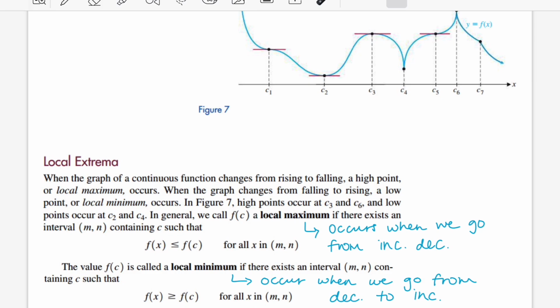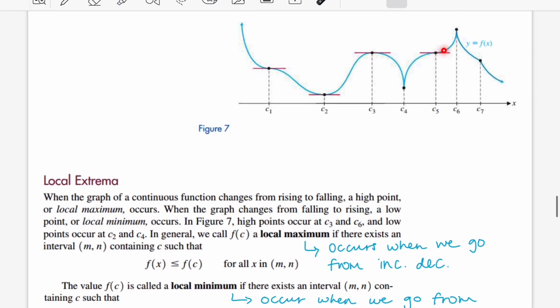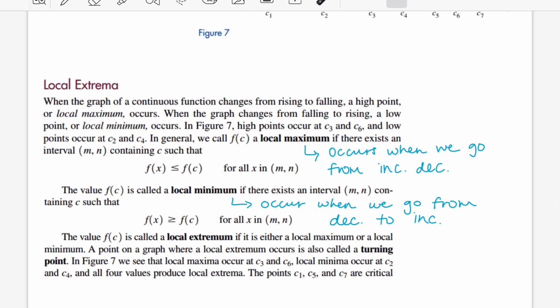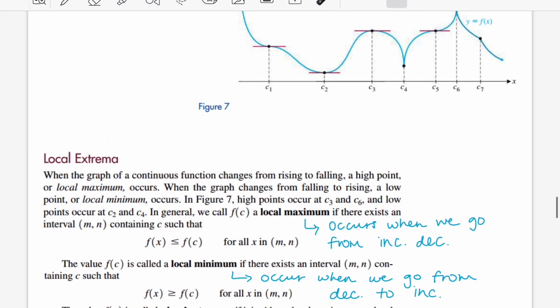As you can see, our point is changing from increasing to decreasing here. And then C2 and C4 correspond to local minimum. So you can see we're going from decreasing to increasing, and then here, decreasing to increasing.